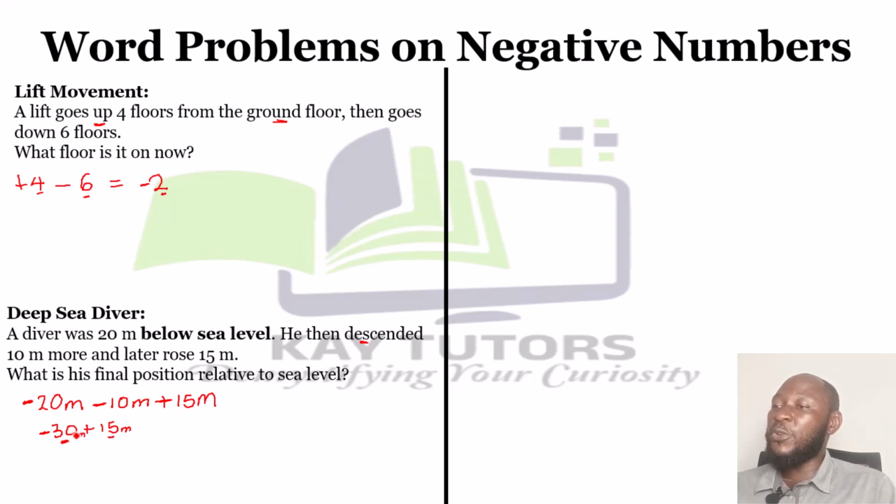Don't forget to ignore the signs, please. Now, since 30 is bigger than 15, of course, our answer will carry a negative sign because 30 is carrying the negative sign. And since we have opposite signs here, what are we expected to do? We are expected to subtract. So 30 minus 15 is 15. The final position is 15 meters below. I'm using below here because it is a negative sign.